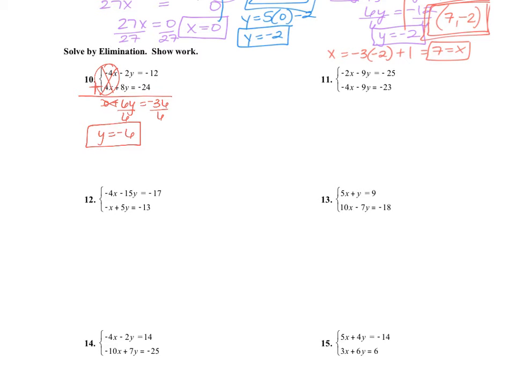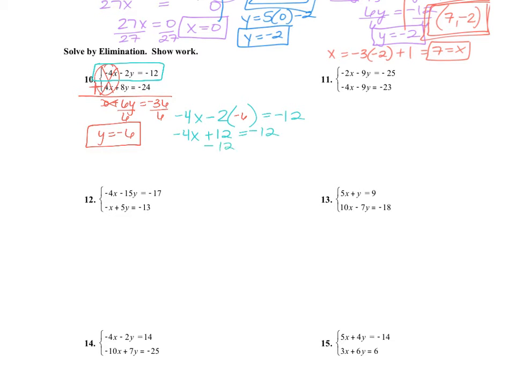And then we can plug that into one of these top two equations. I would probably plug it in right here. So -4 times x minus 2 times, here's our -6. We're just substituting it in. So elimination uses substitution too, right? You're just re-plugging it in. Equals -12. So you get -4x plus 12 equals -12.